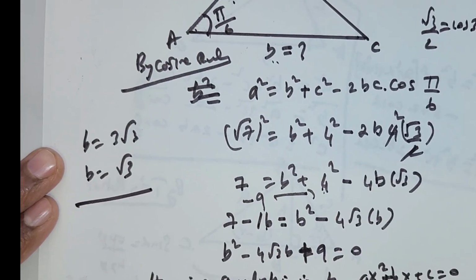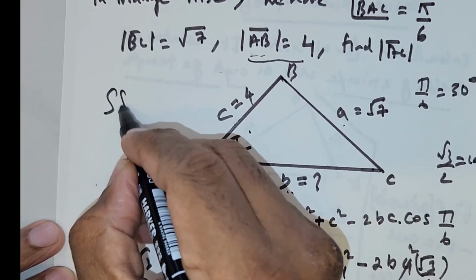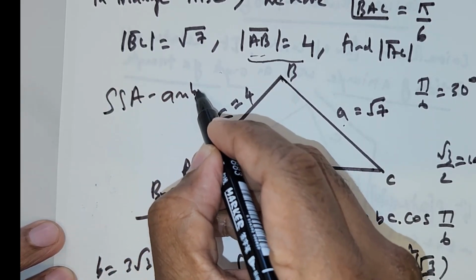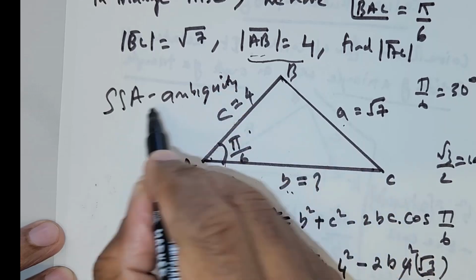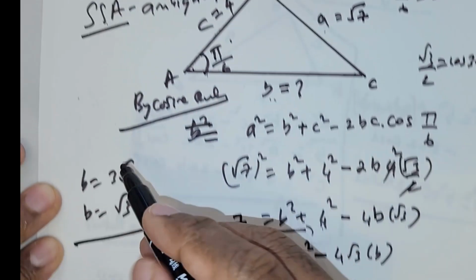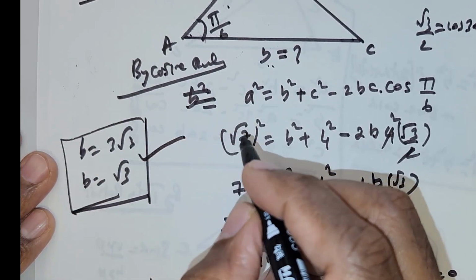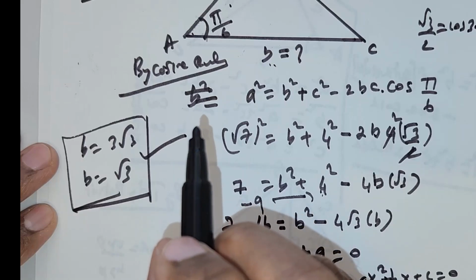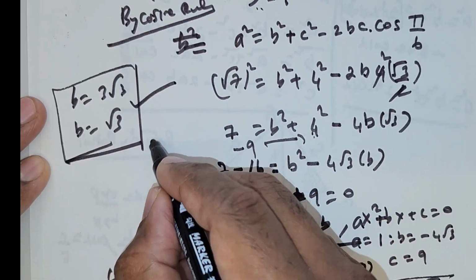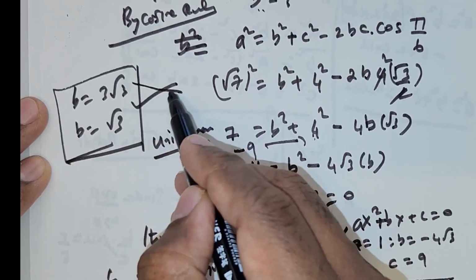Okay, so what can you say about the uniqueness? Now this question is an example of SSA ambiguity. What does SSA ambiguity mean? Side-side-angle ambiguity. We are getting two values for b, and both values are perfectly valid. Some people might talk about uniqueness and try to pick one of these.